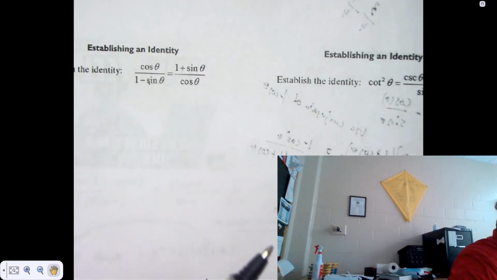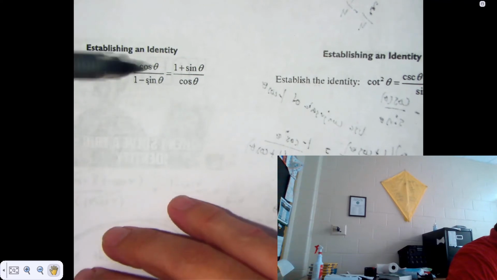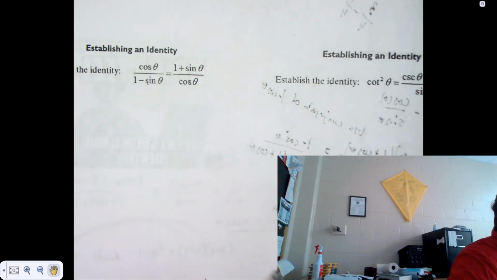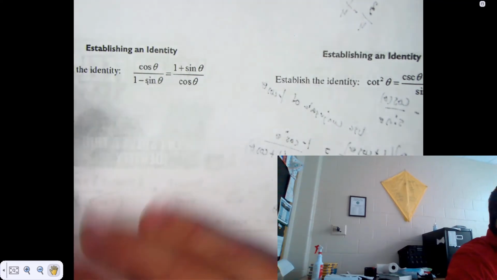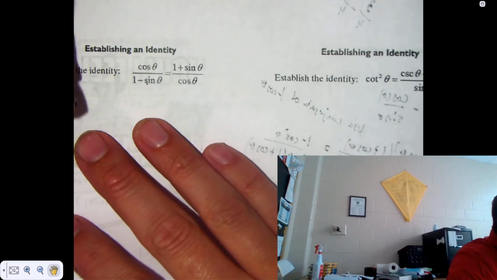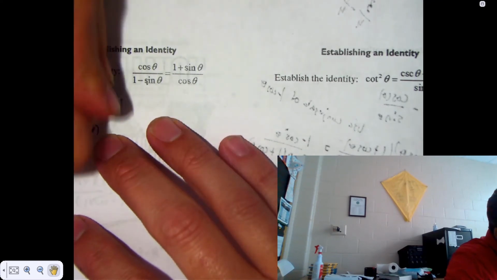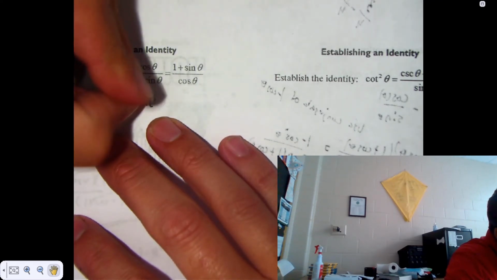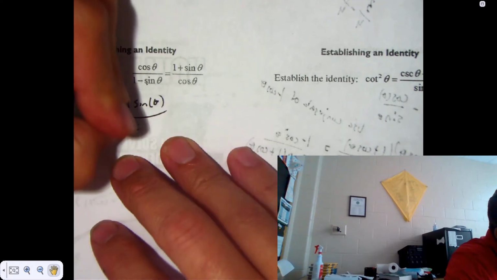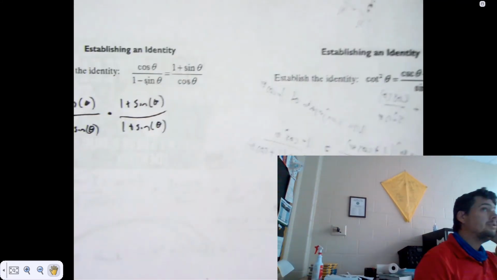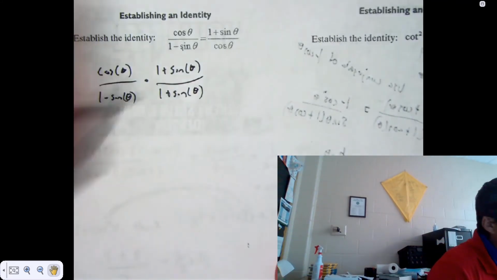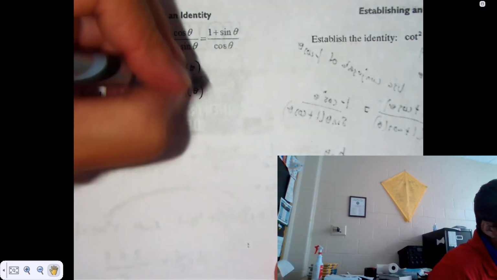They even had a vocabulary word associated with it. Multiply by the conjugate. What are you going to multiply the numerator and denominator by? 1 plus sine theta. And I'll let you guys do that for a few minutes. That's your first step. Remember, Jesus would FOIL the denominator.